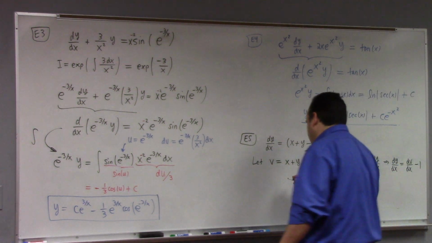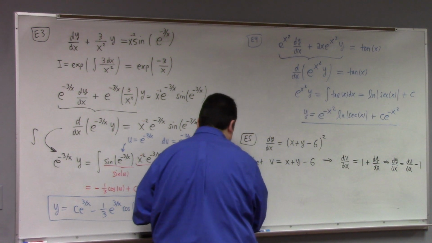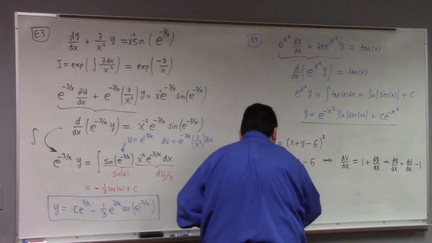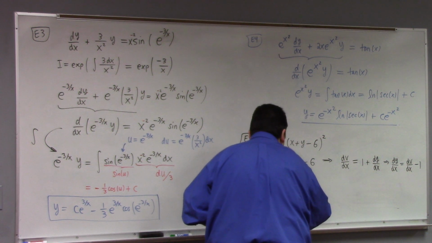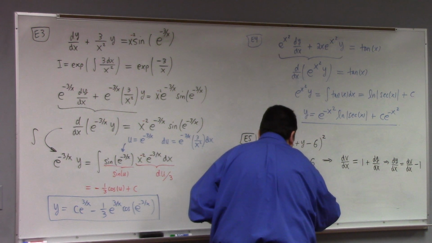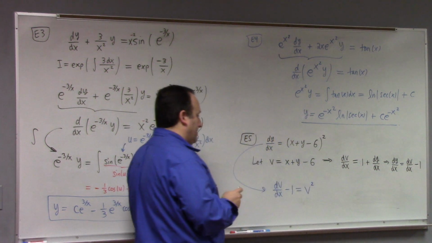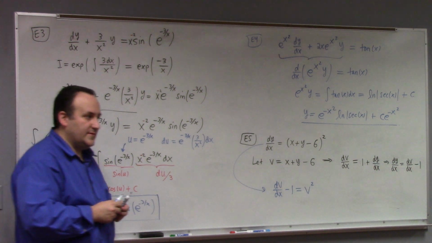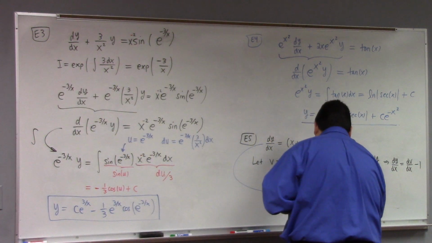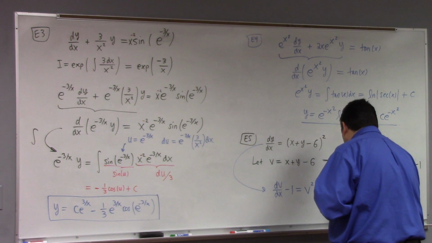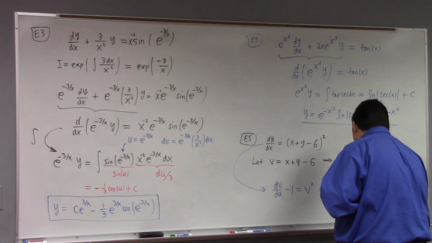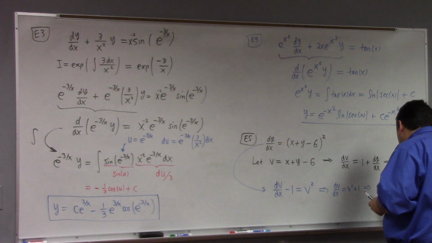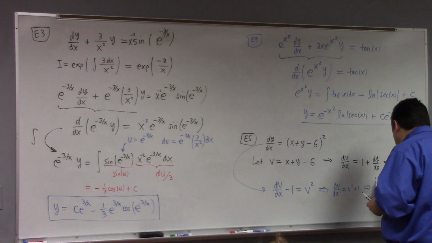And so our original problem becomes dv dx minus 1 equals v squared, which is not so bad. Because then this gives us dv dx equals v squared plus 1, which we can separate, and we get dv over v squared plus 1 equals dx, which you can integrate.